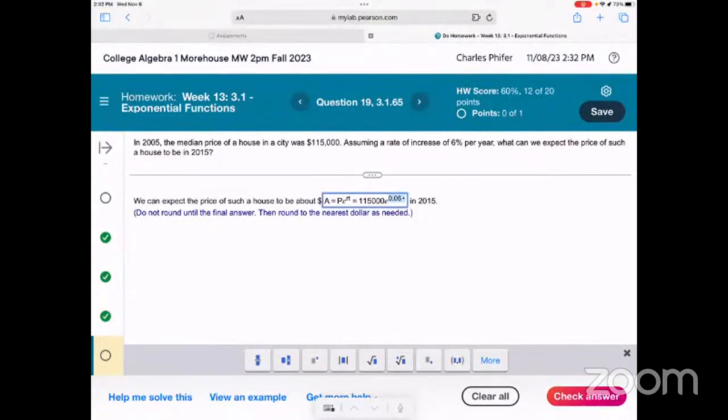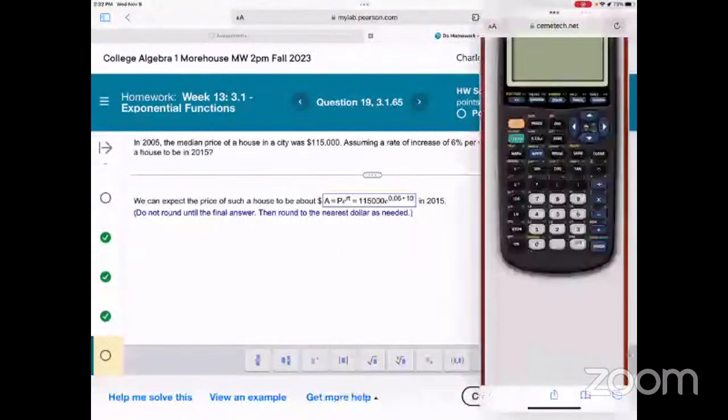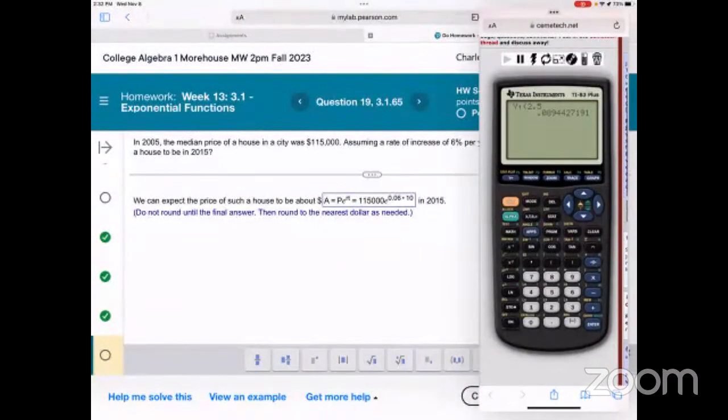Okay, let's use our calculator. I think this will work. If it doesn't, we'll adjust. We'll do 115,000 times e to the power of 0.06 times 10 years. Close parentheses.